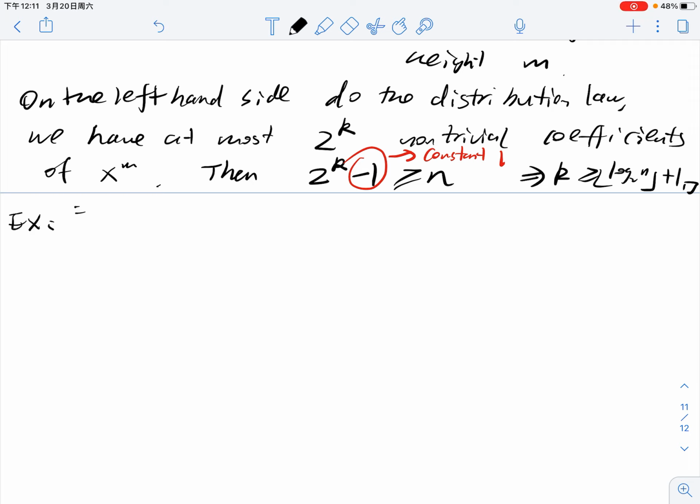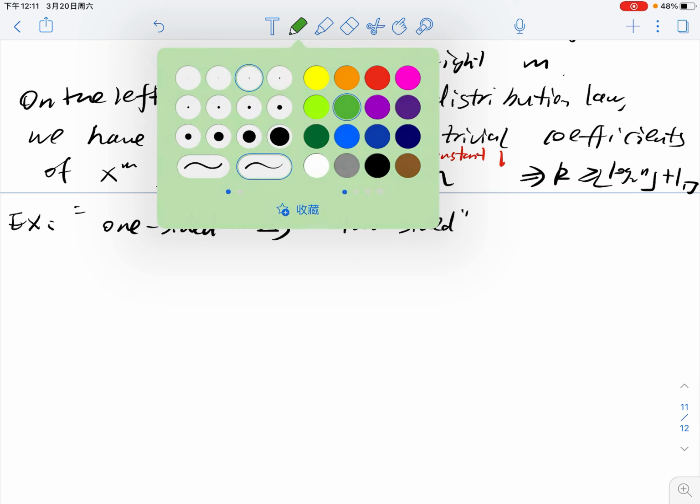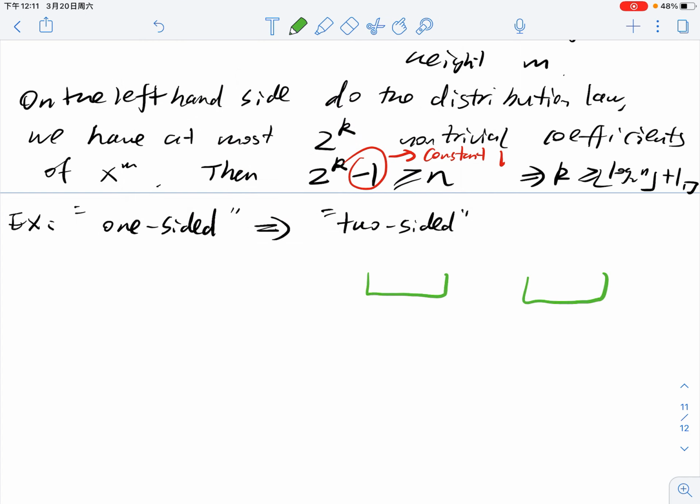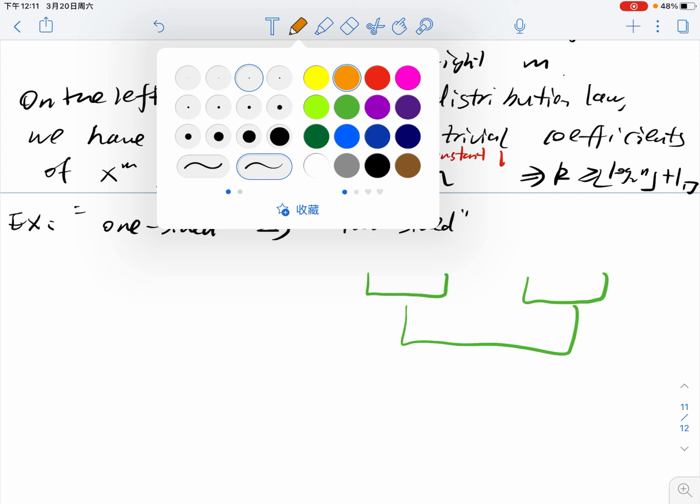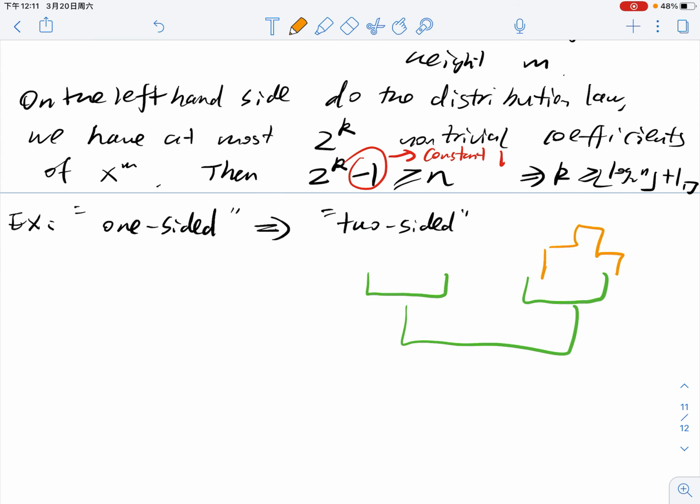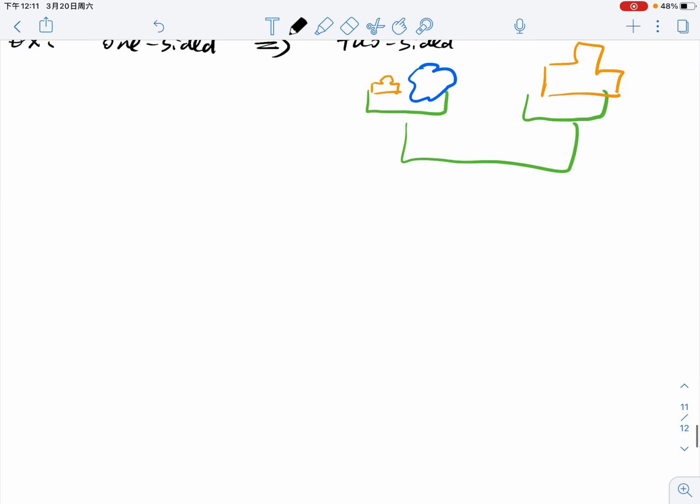Okay, and another related one, which shows that this method is actually very, very interesting, is if we change one side to two-sided, which means that you are allowed to put weights on both sides. For example, here you also have a small one here, and you have objects here. Okay, and what is the minimum?